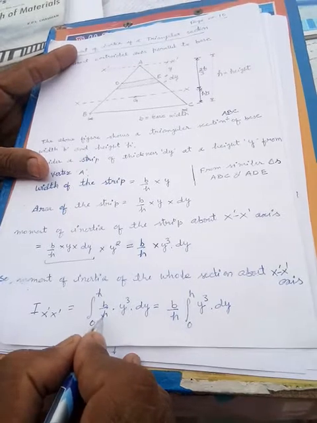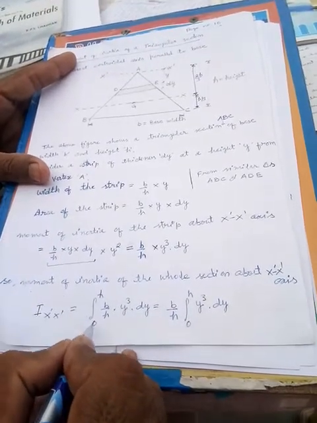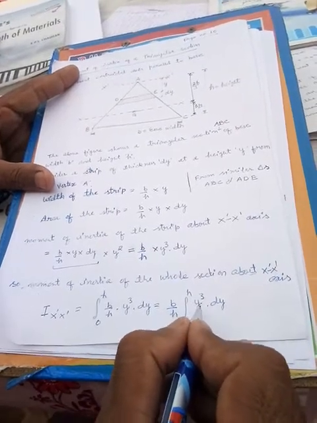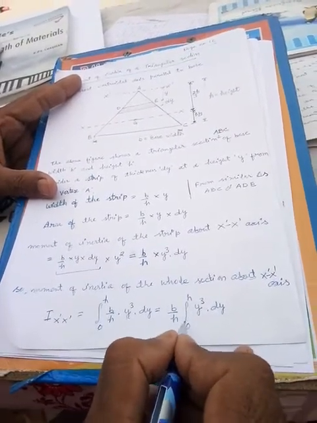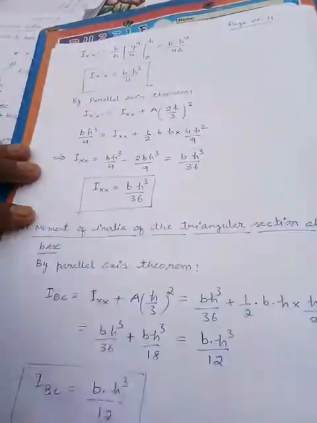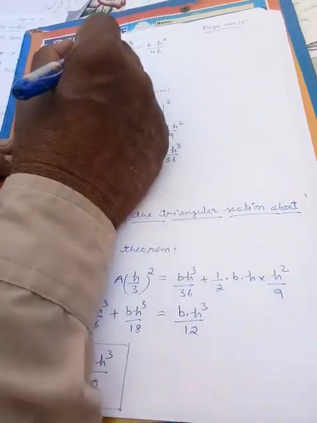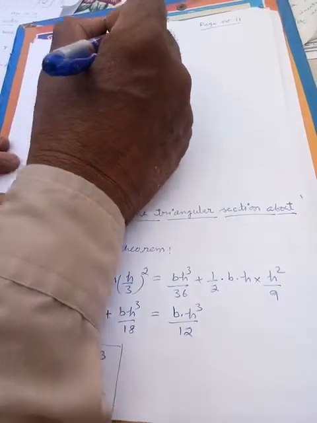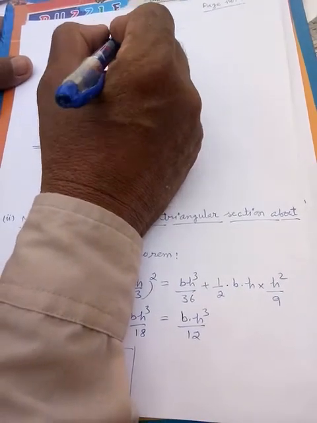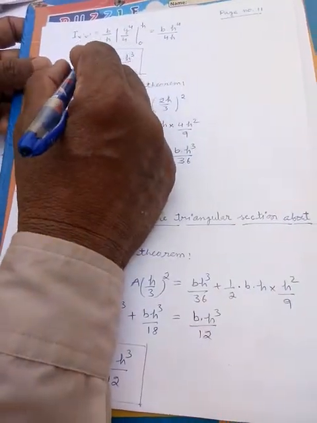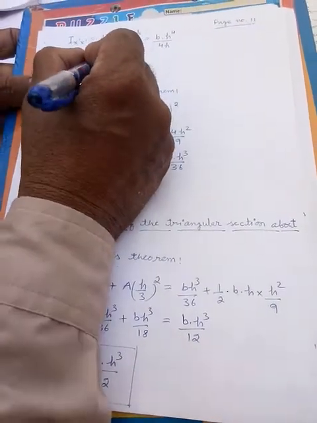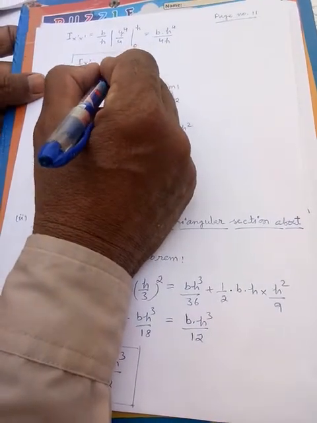This is equal to b upon h into y to the power 4 upon 4, with limits 0 to h. Putting in the upper and lower limits, we get the moment of inertia of this triangular section about the x dash axis equal to bh cube upon 4.